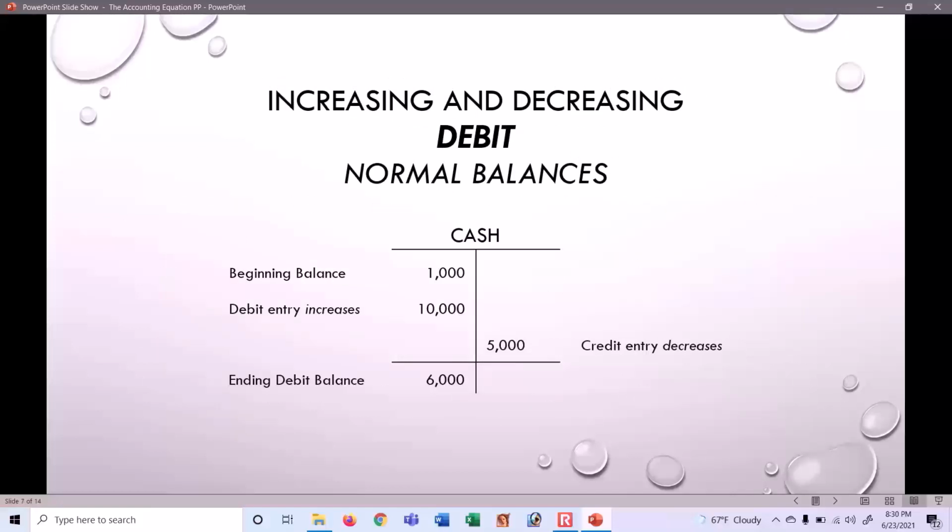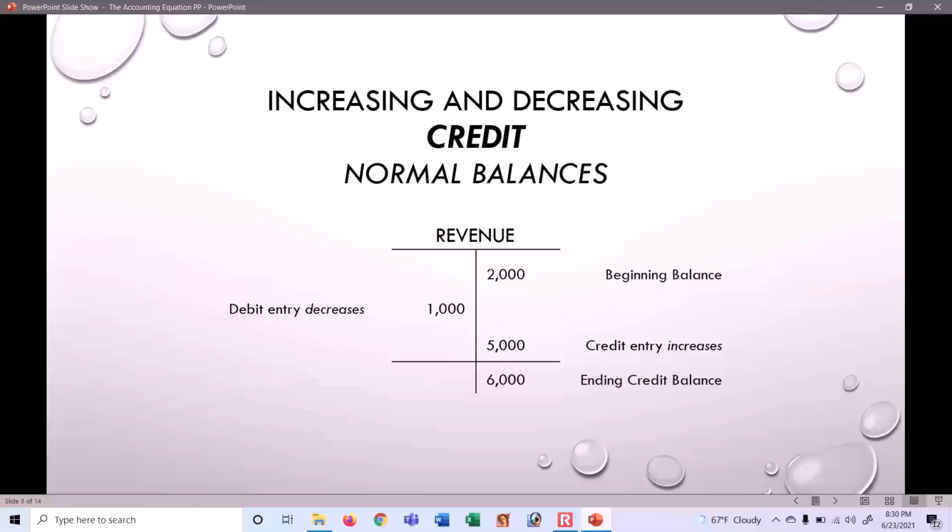Accounts with a normal debit balance increase the account using debit entries and decrease the account using credit entries. Similarly, accounts with a normal credit balance increase the account using credit entries and decrease the account using debit entries.